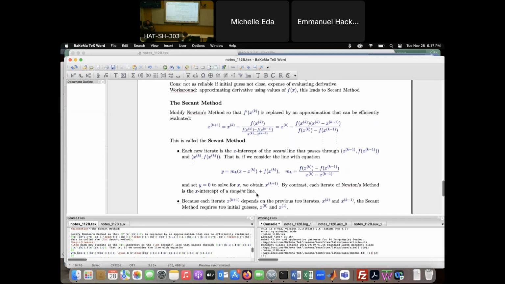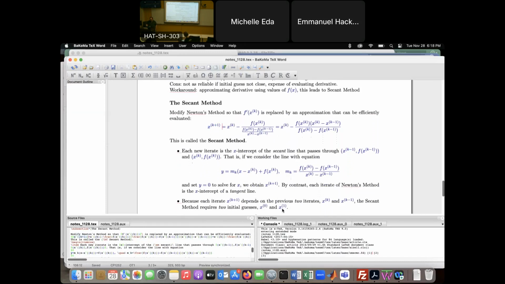methods. Now, the problem is each new iterate, xk plus 1, depends on the previous two. So it depends on xk, and it depends on xk minus 1. So in order to even get this method going, you need two initial guesses rather than one. So you choose x0 and x1.